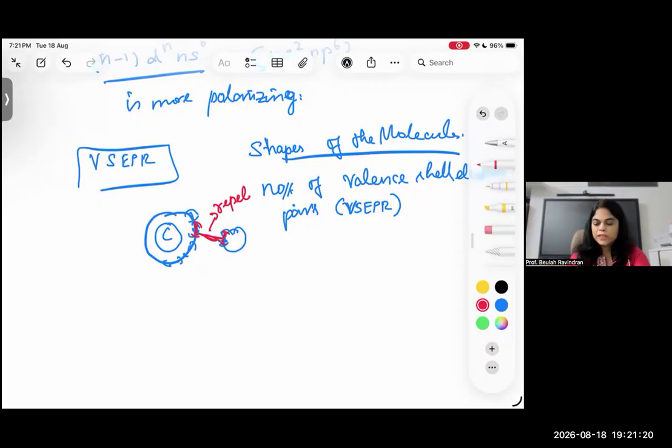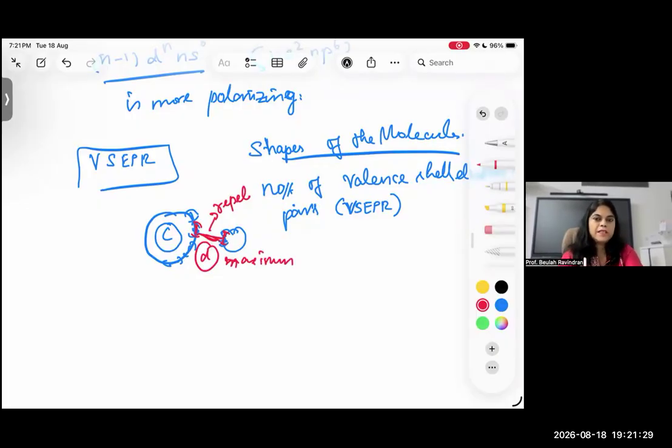So the distance has to be maximum. Clear? A multiple bond is treated as if it is a single electron pair, and the 2 or 3 electron pairs of a multiple bond are treated as a single super pair.